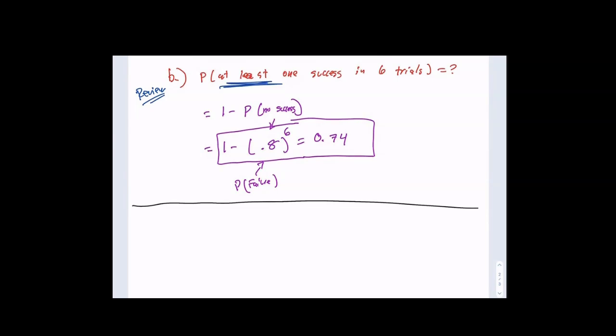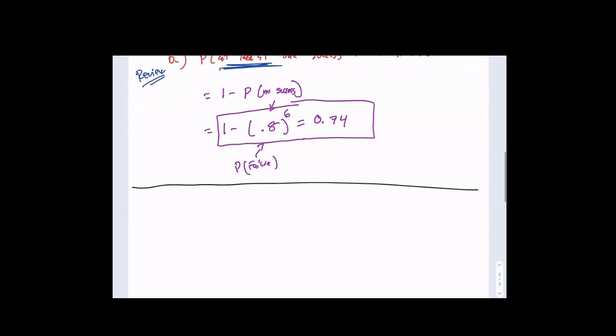Now, the other question that they will give you is that a geometric distribution is a distribution, which means it has a mean and it has a standard deviation. Now, the mean is the one that's going to happen a lot more.